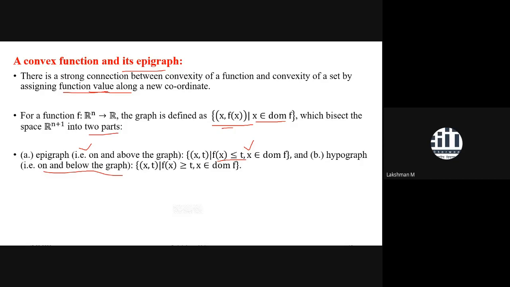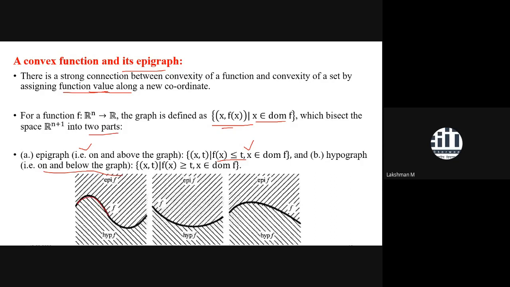Here I have taken a few examples. Suppose this is the graph of a function of one variable. Every point in the graph you can denote by the ordered pair x comma f of x.